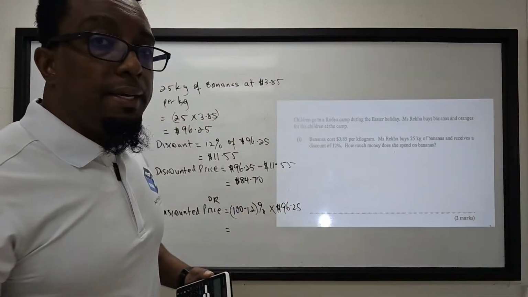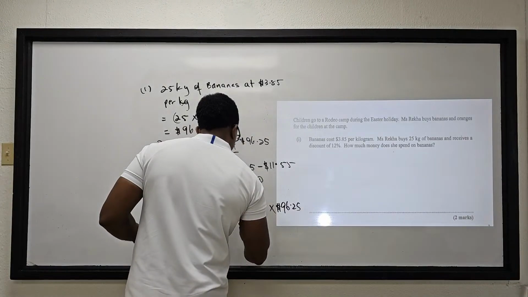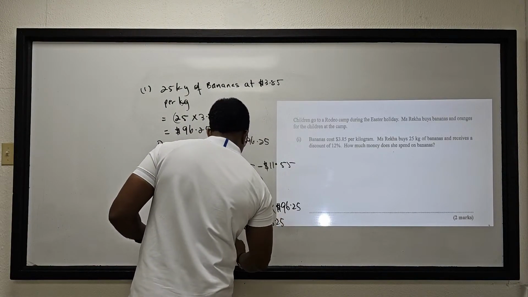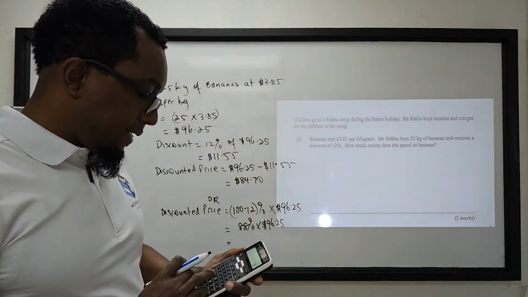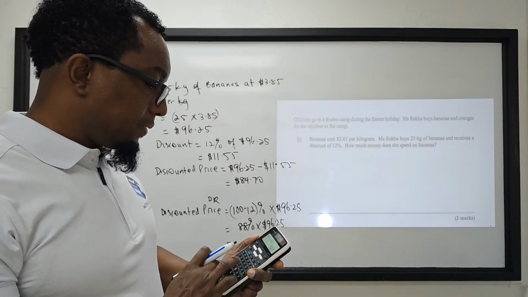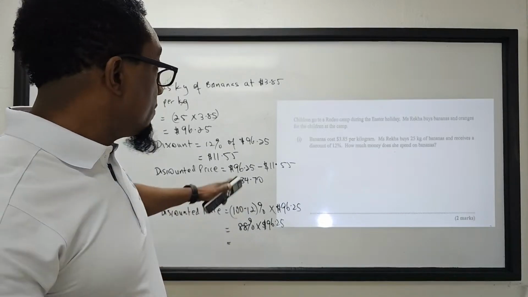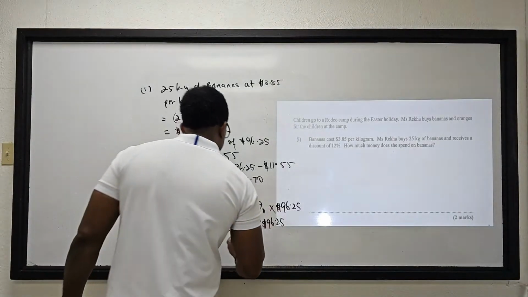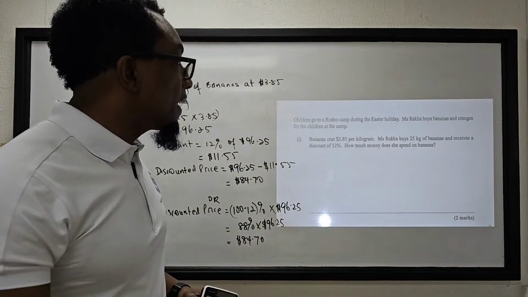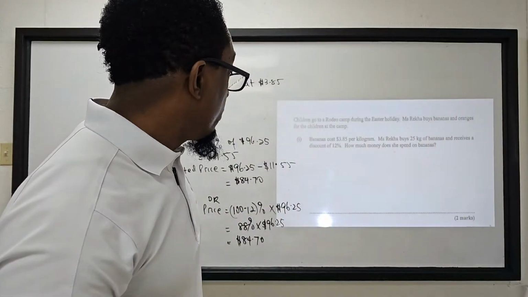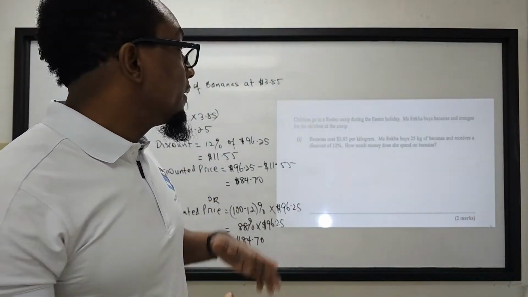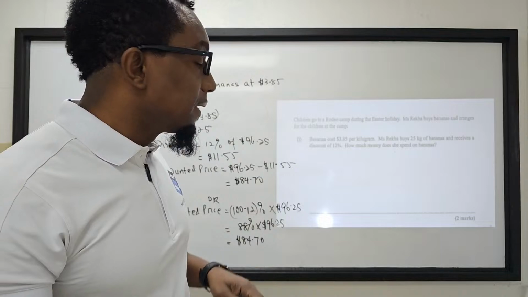So that will be 88% times $96.25. We work that out: 88 divided by 100 multiplied by 96.25, which will give us the same $84.70. Good? So that's another way of obtaining your discounted price. Of course, we found the discount and we found the initial cost of the bananas. Yeah?